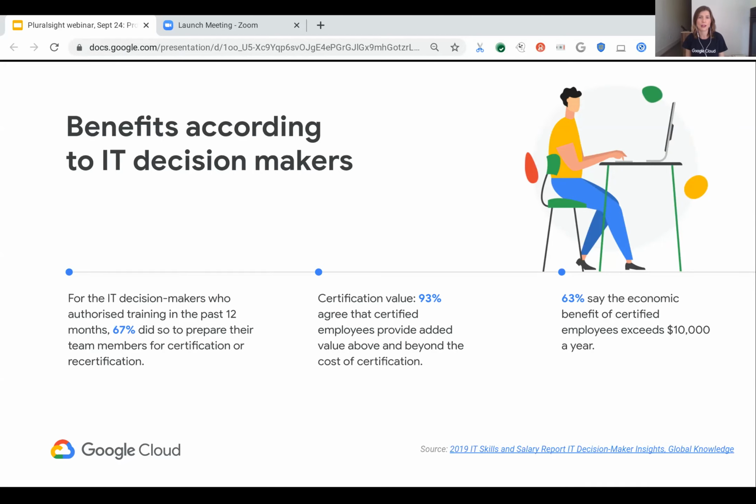When it comes to the value of certifications, 93% of the IT decision makers who participated in the study agree that certified employees provide added value above and beyond the cost of certification. And then finally, 63% of respondents say that the economic benefit of certified employees exceeds $10,000 a year.